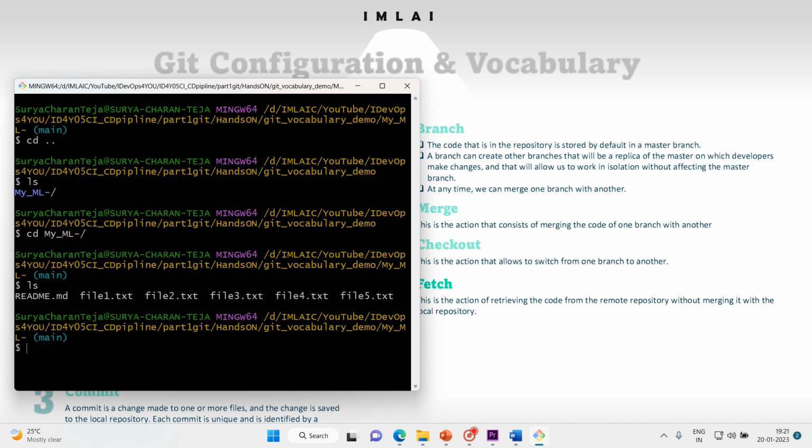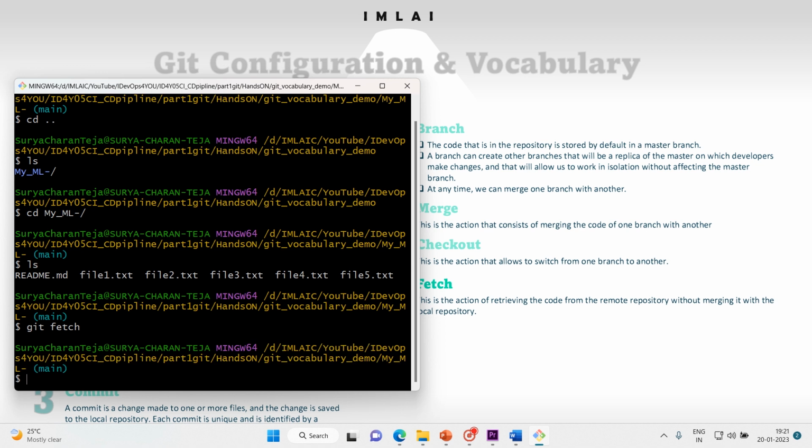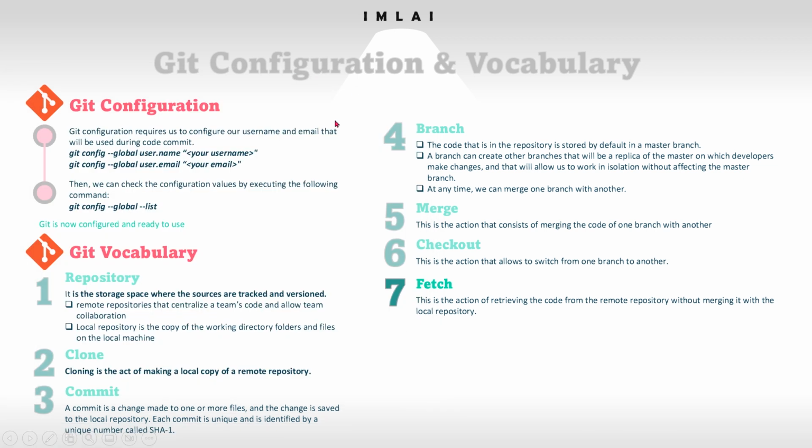Now when I say git fetch, it's going to fetch the history of the remote repository. Then we have pull. A pull updates your current local working branch with all new commits from the corresponding remote branch on GitHub. So git pull is a combination of git fetch and then git merge.